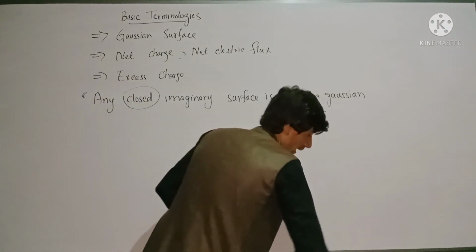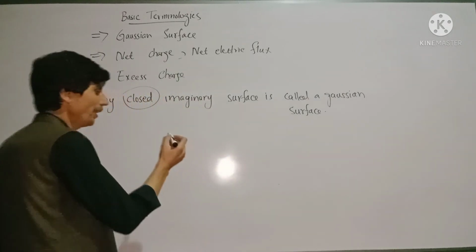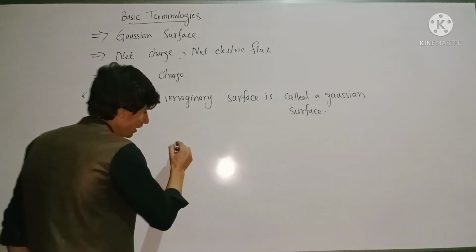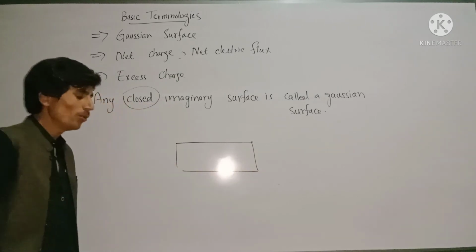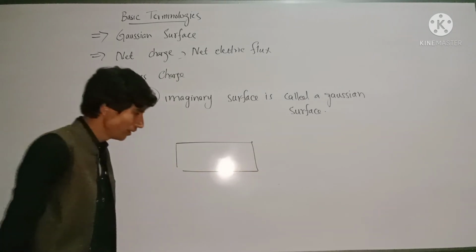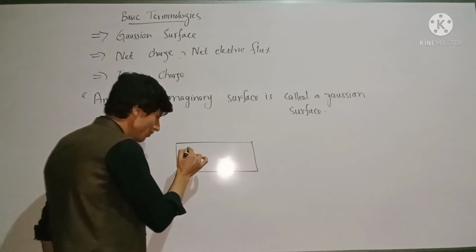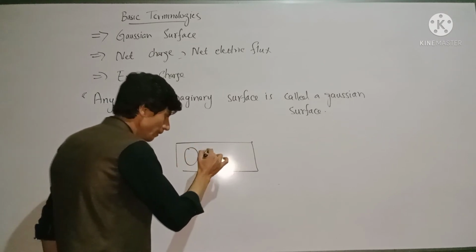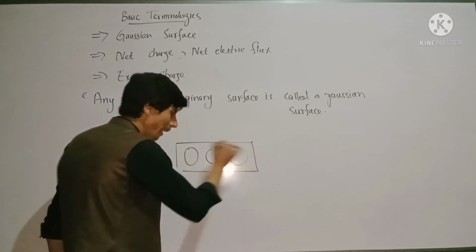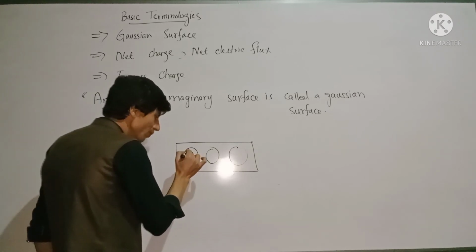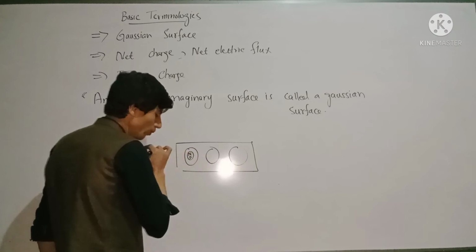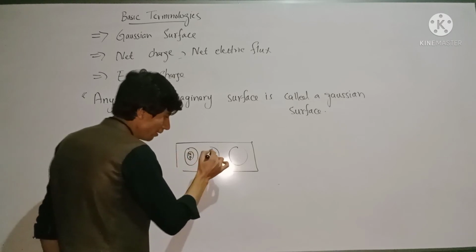Student, consider a conductor like this. Now in a normal situation we have many atoms within the conductor like this. In an atom, we have a nucleus where neutrons and protons are there.